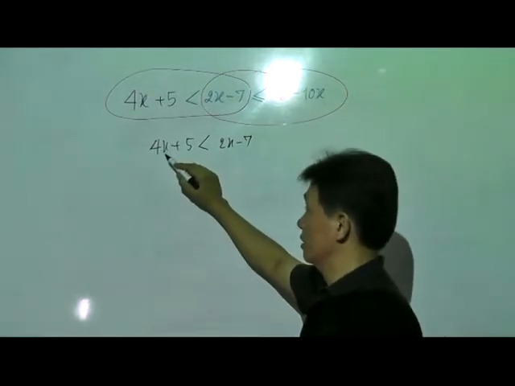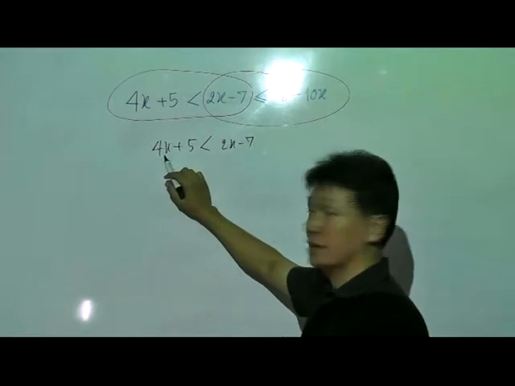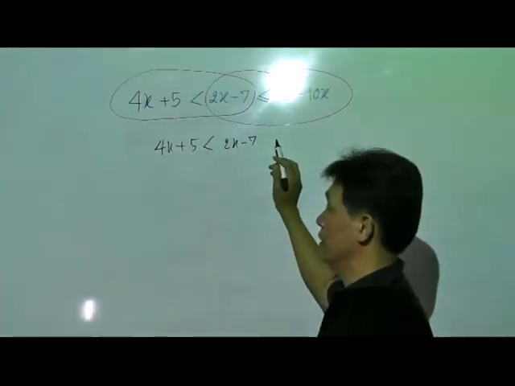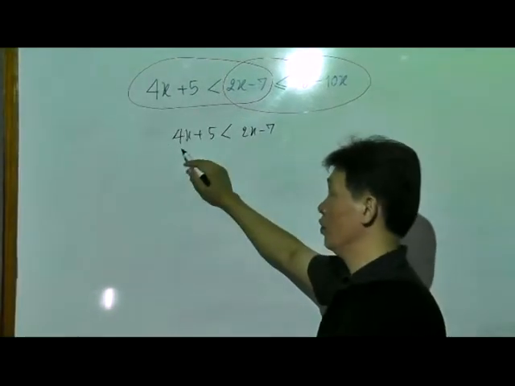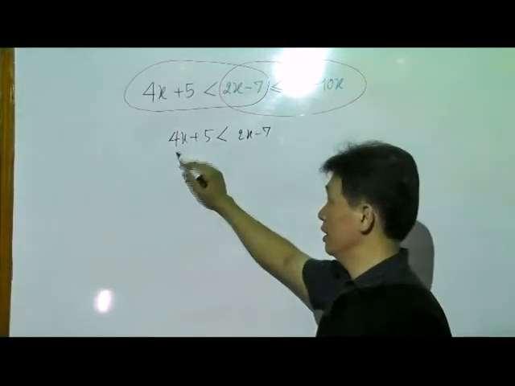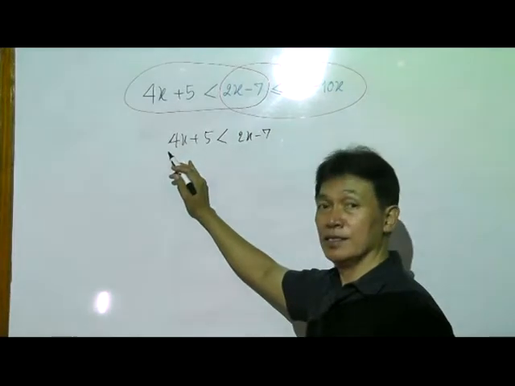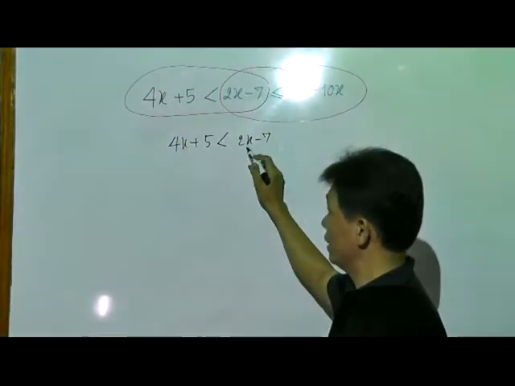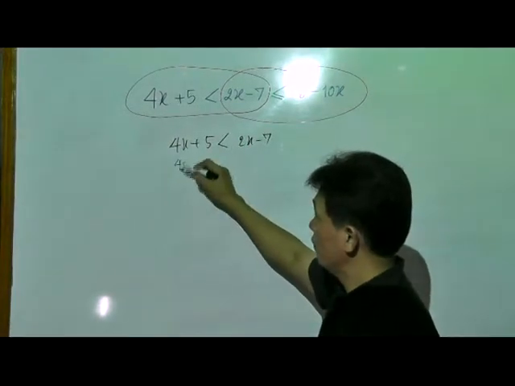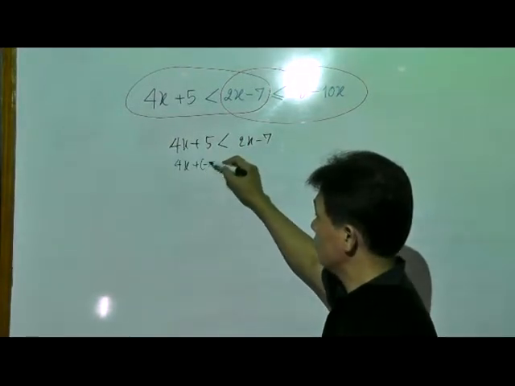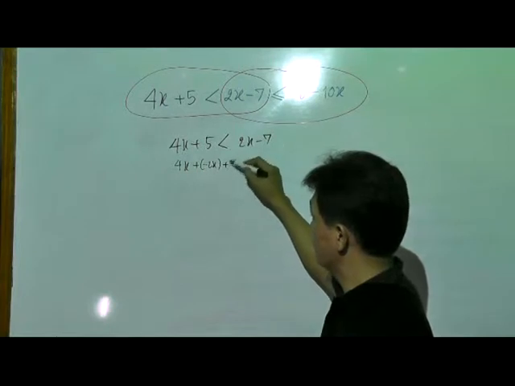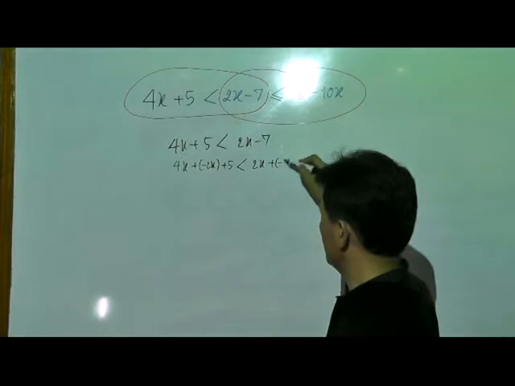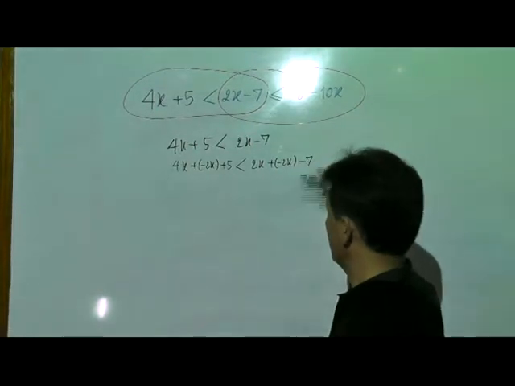How can we find x? We have x on the left side and x on the right side. Usually, when we want to solve an inequality, the variable is on the left side. So we take this 2x here. 4x plus negative 2x plus 5 is less than 2x plus negative 2x minus 7.